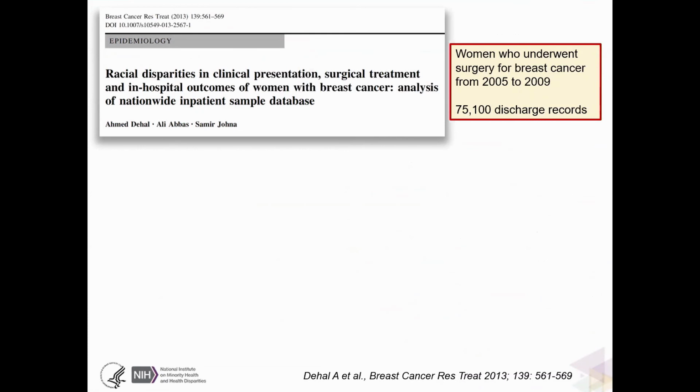The authors mentioned some specific socioeconomic factors or characteristics that I would like to highlight before I show the analysis.